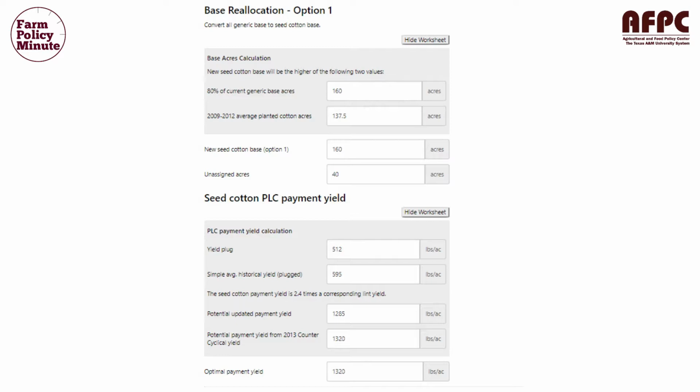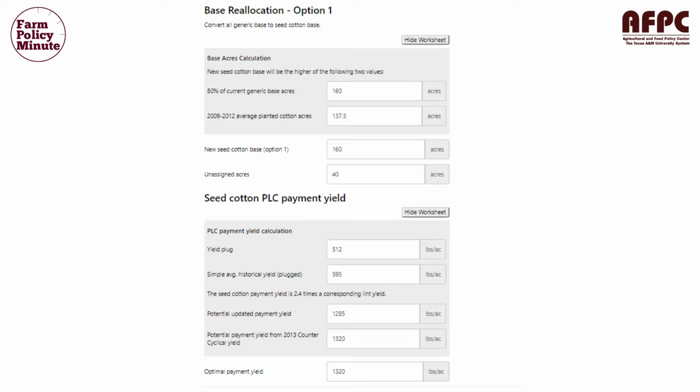What a lot of producers are struggling with is the way the bill's written. If you choose option 1 and you underplanted, that's the real decision. I can back up right quick and show you. If my generic acres, in this case it's 200, and I look at the average of 09 to 12, I can say quickly in my head it's going to be under 200.